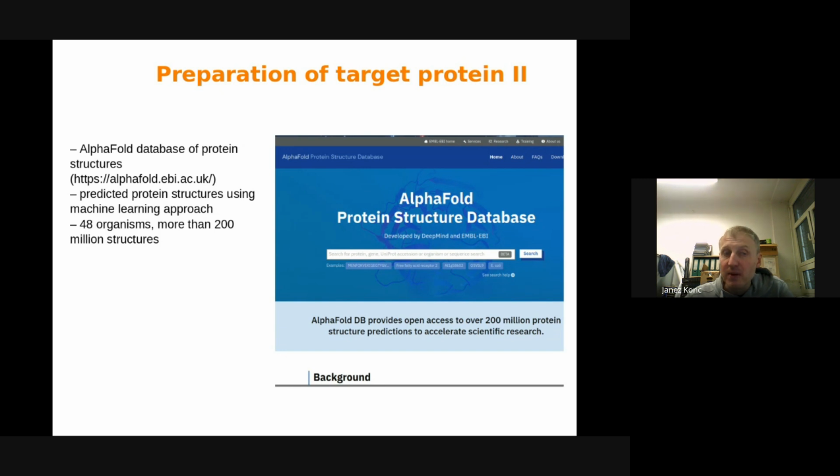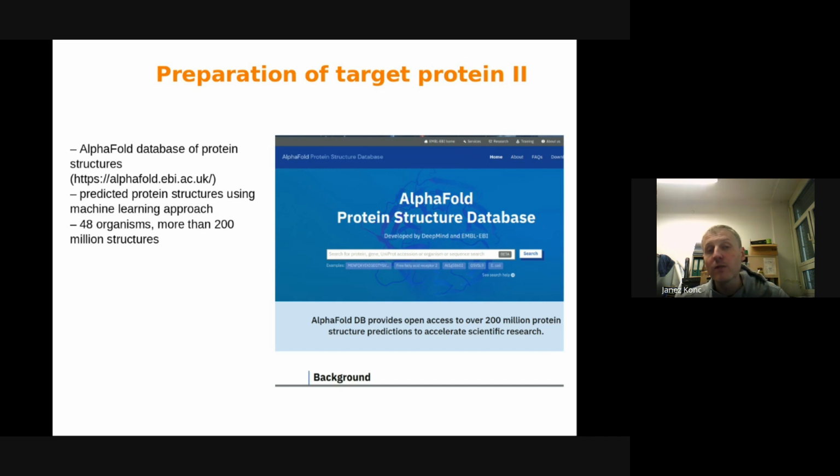Nowadays, a very popular and groundbreaking thing is the AlphaFold protein structure database, which is a database of modeled protein structures. Artificial intelligence and machine learning have come to the point that they can predict structures of proteins within experimental tolerance of quality.